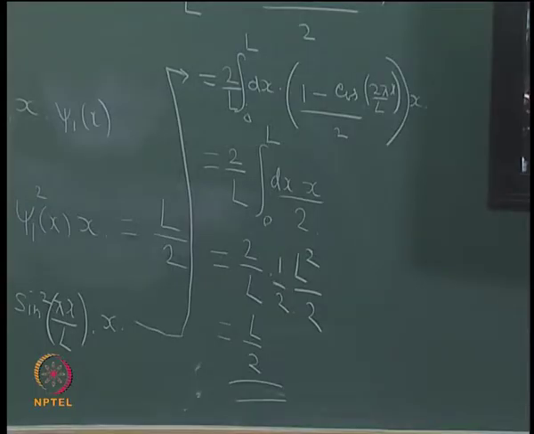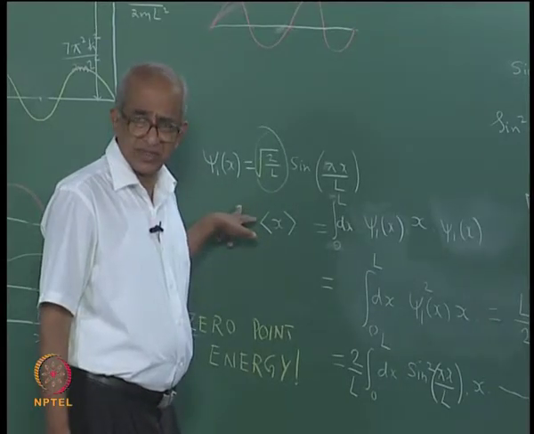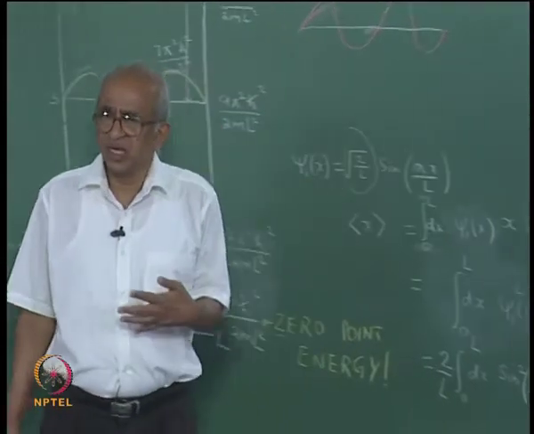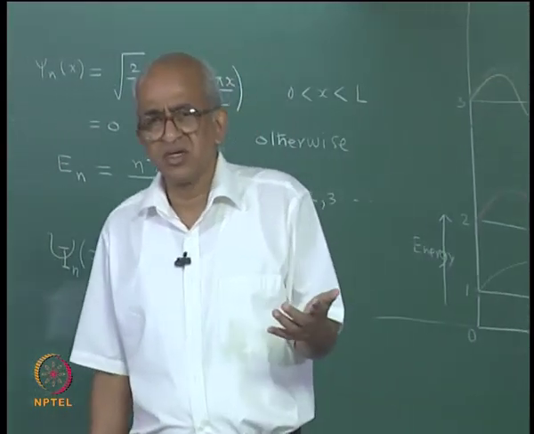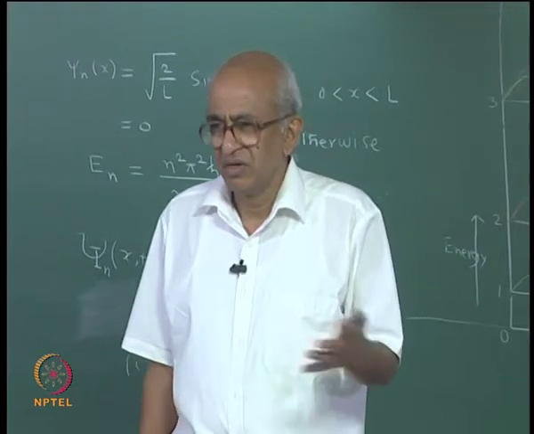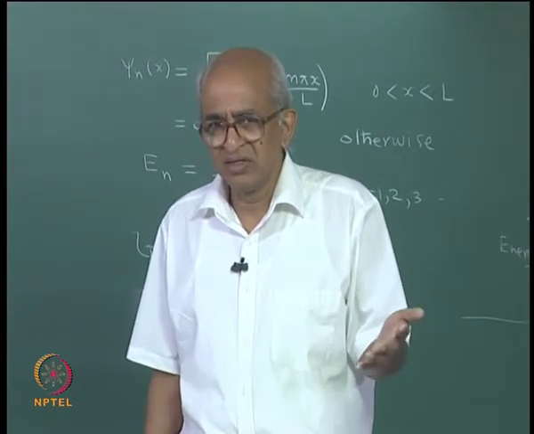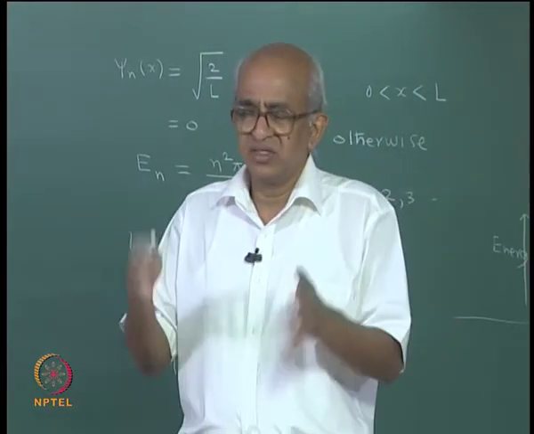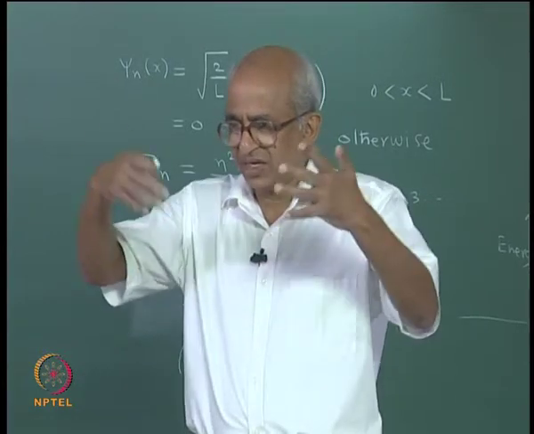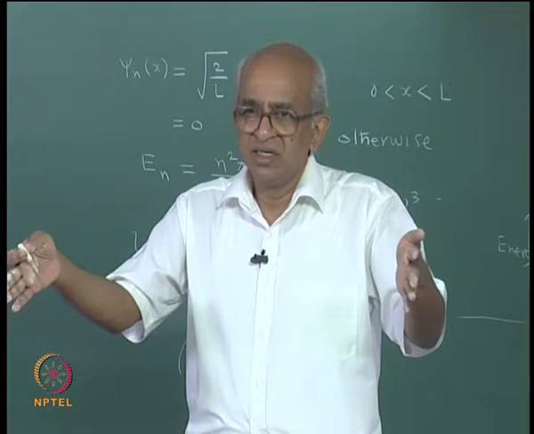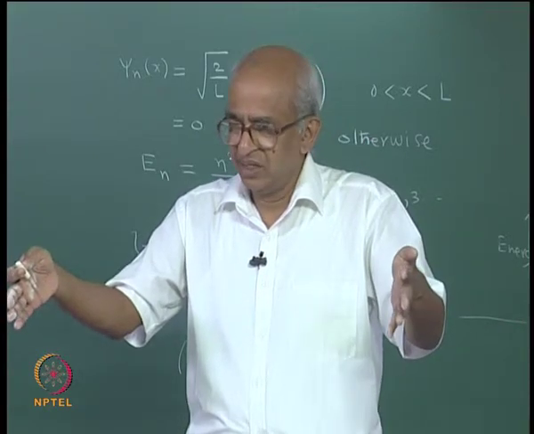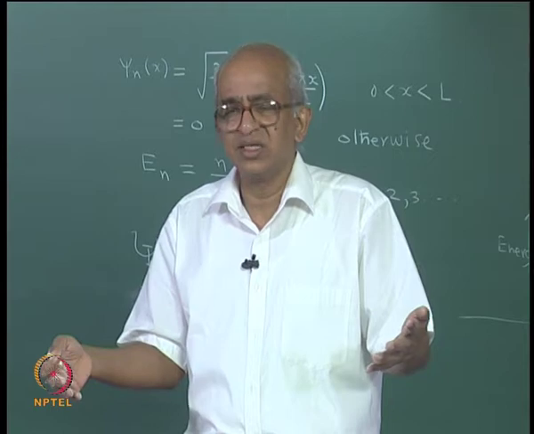Now interestingly, you say I have done this calculation for the lowest possible state, but I can do the calculation for any state. But do I need to do this calculation? You can use your physical argument, right? Whatever be the state, you take psi n square of x, you will find that it is symmetric around the middle point, and therefore it does not really matter what the state is.